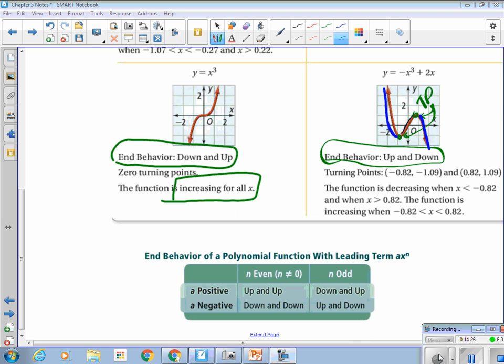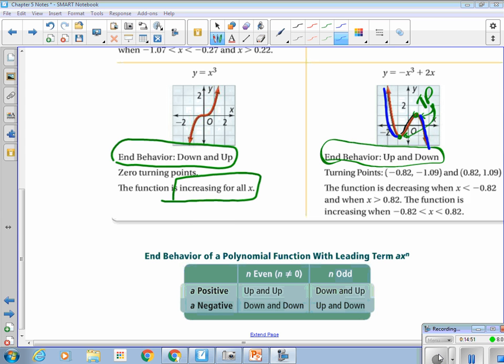So the end behavior of a polynomial function with a leading term a times x to the n: if n is an even number, so you have x squared, x to the 4th, x to the 16th, anything even, then your end behavior is going to be up and up.